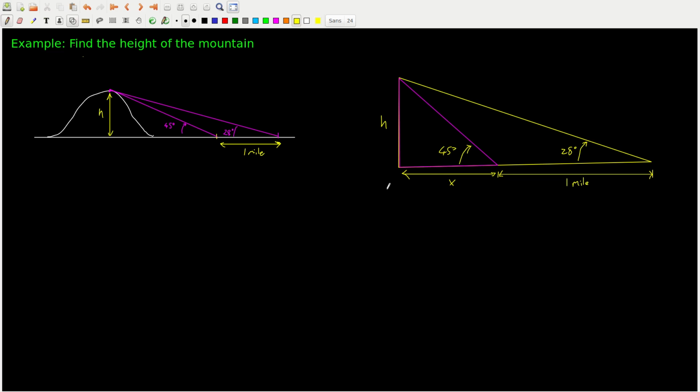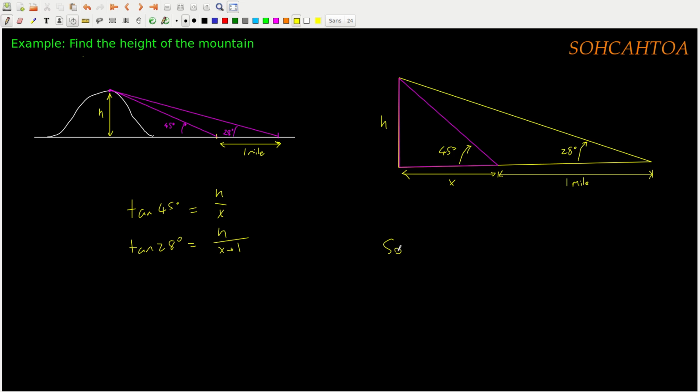Because you'll notice, for example, that tan of 45 degrees is, well, using SOHCAHTOA, tan is opposite over adjacent, so looking at the angle 45 degrees, opposite is h, and adjacent is x. Similarly, in the bigger triangle, which was inside the purple triangle, but inside the bigger yellow triangle, we also know that tan of 28 degrees is opposite, again h, over the adjacent, which is this total length, x plus 1.